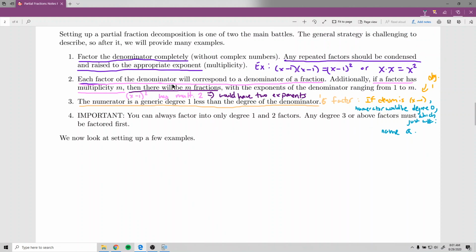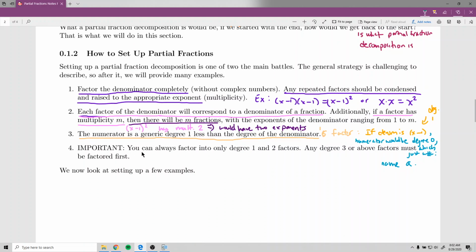There will be some things that don't factor, like x squared plus 1 does not factor, so that has degree 2. And then in the numerator, you would have to put a degree 1 thing. So your denominator of the fraction, after you factor everything, can always be degree 1 or degree 2.